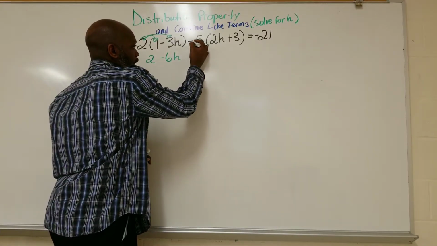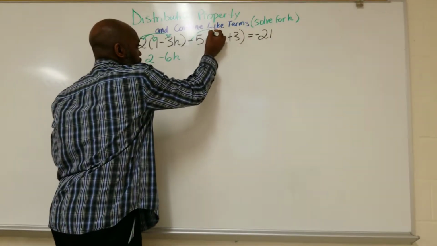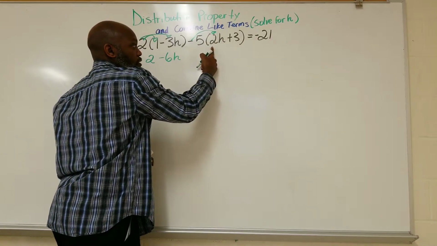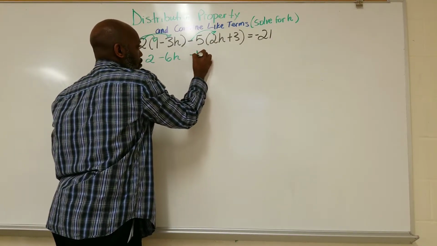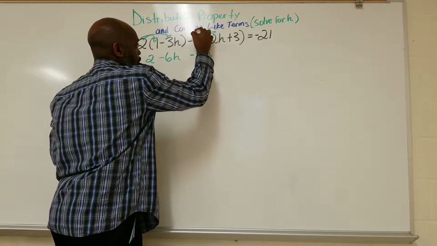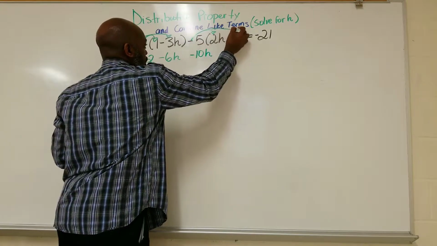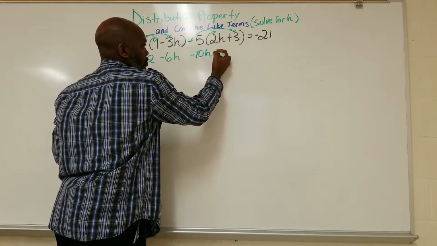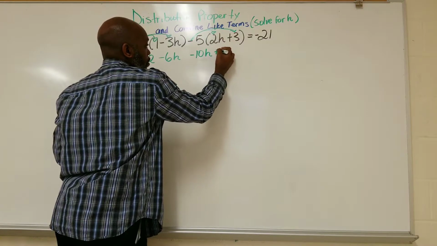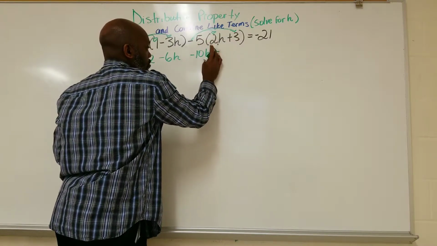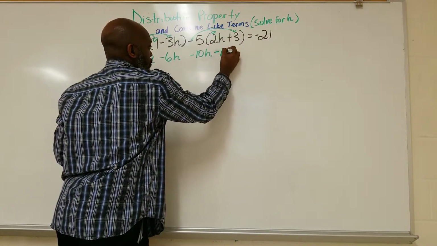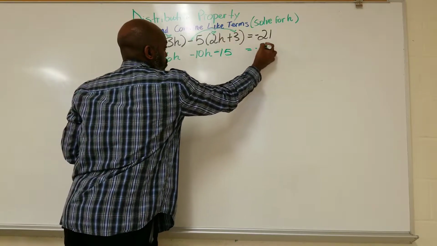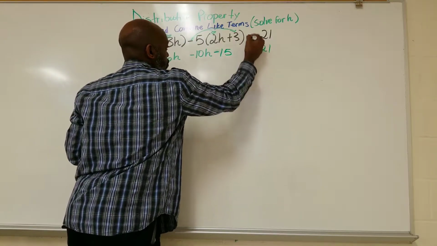We're going to now take negative 5 multiplied times 2h, and we get negative 10h. We have negative 5 times 3, which is negative 15, and it's going to equal negative 21.